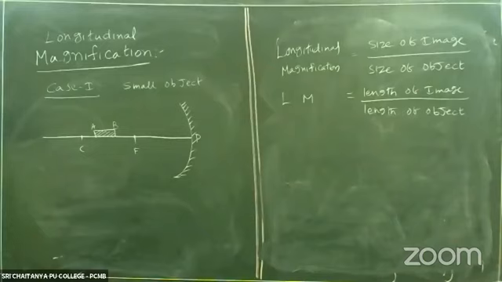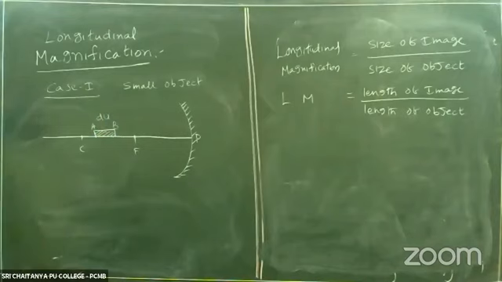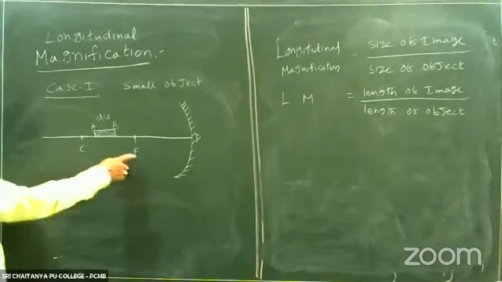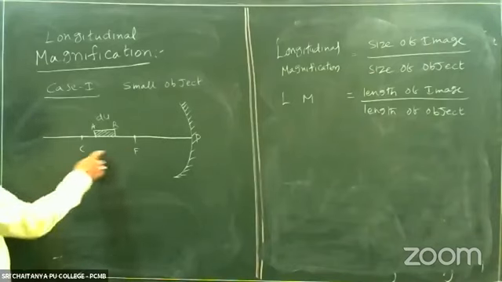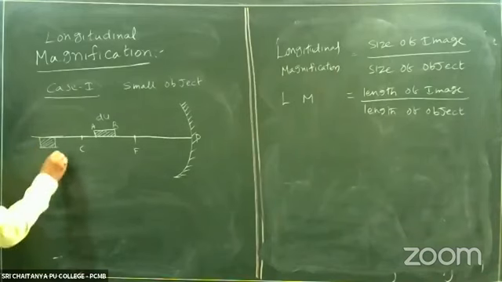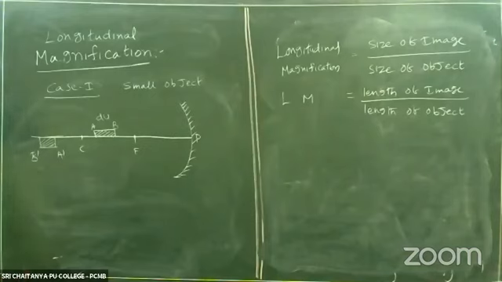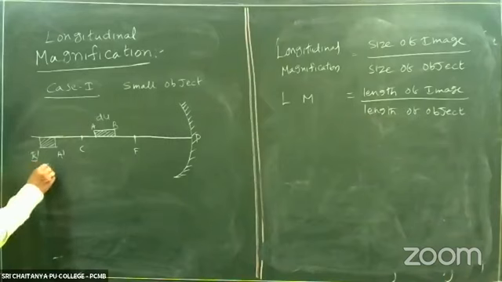AB is the object, a small object. DU is the length of the object. If the object is in between the center of curvature and the principal focus, where will the image be formed according to the rules? The image will be formed beyond the center of curvature. This is the image, a small image. What is the length of the image? DV.